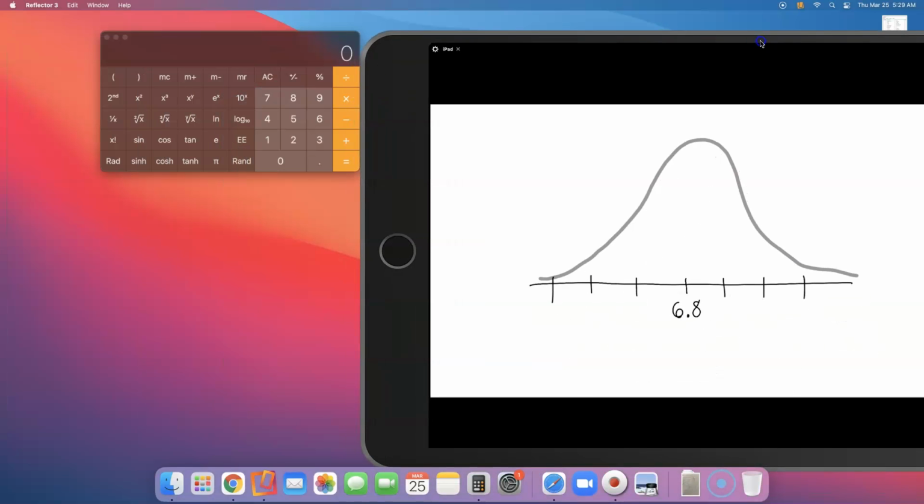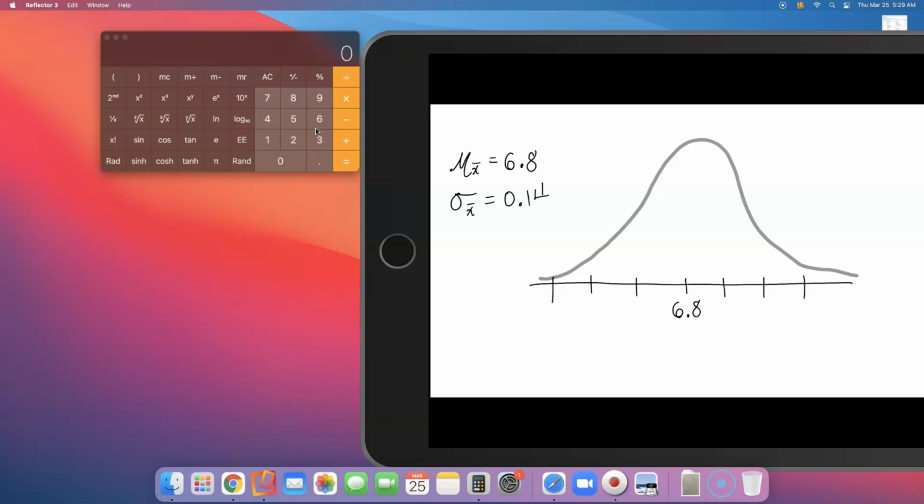And I figure this out by doing, okay, mean of the X bar was 6.8. Standard deviation of these X bar was 0.14, right?